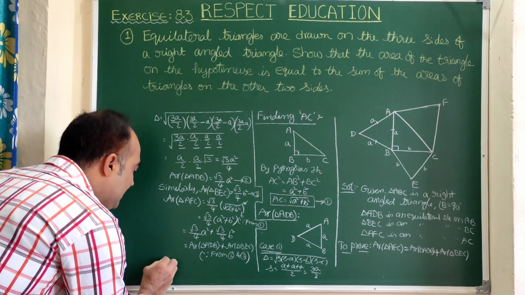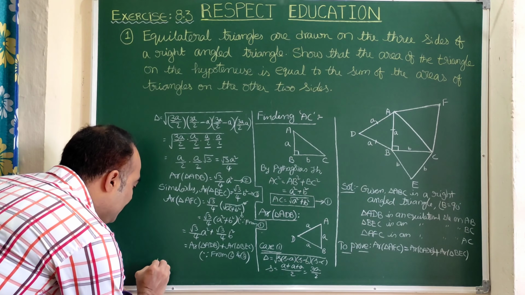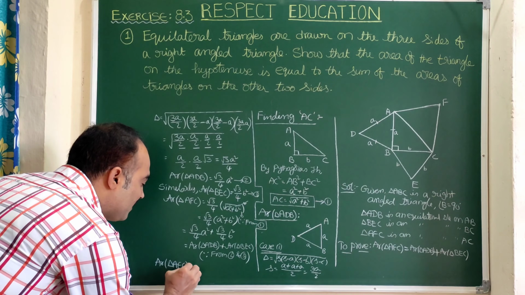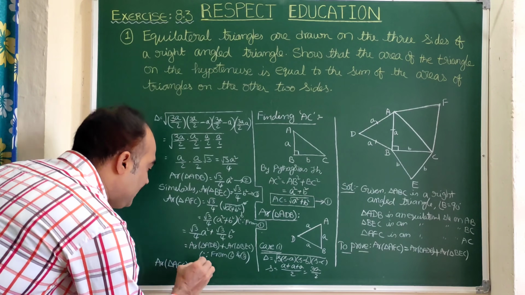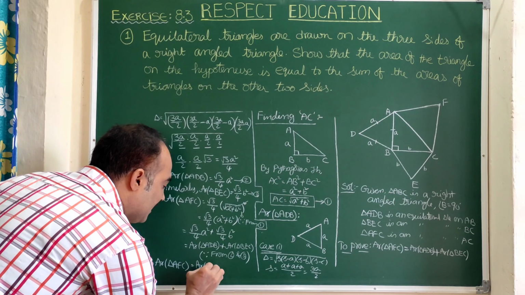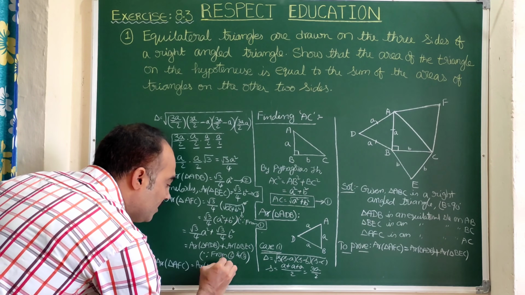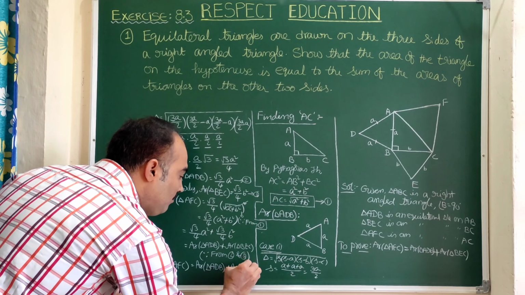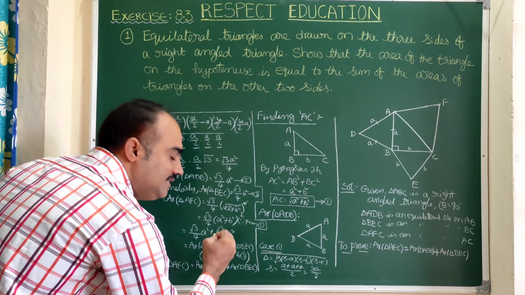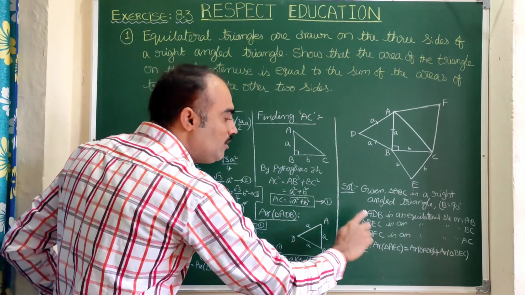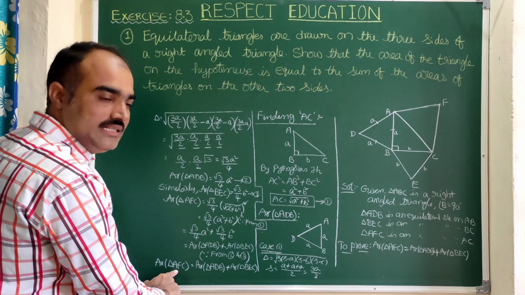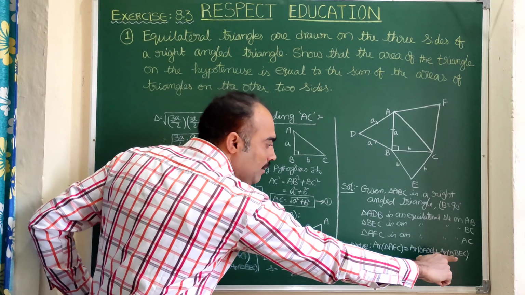Let us write down here clearly. Area of triangle AFC is equal to area of triangle ADB plus area of triangle BEC. Just observe what is to be proved: to prove area of triangle AFC is equal to area of triangle ADB plus area of triangle BEC.